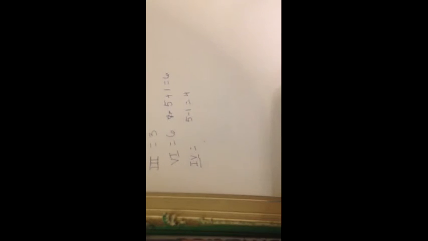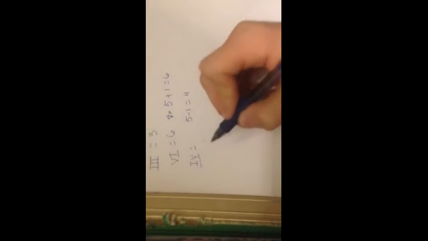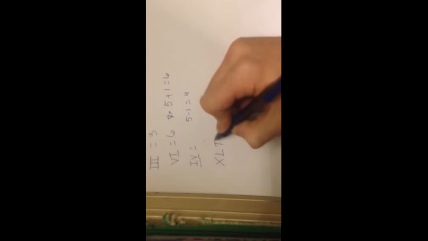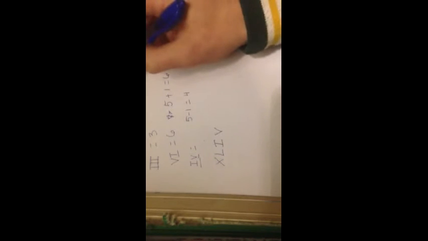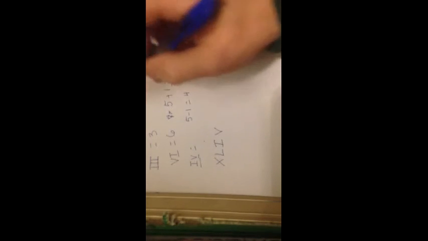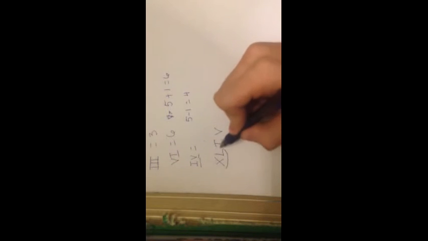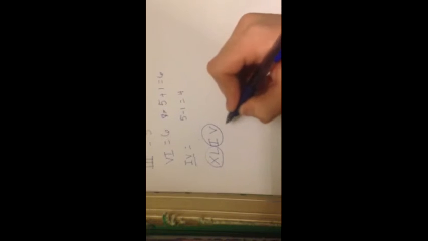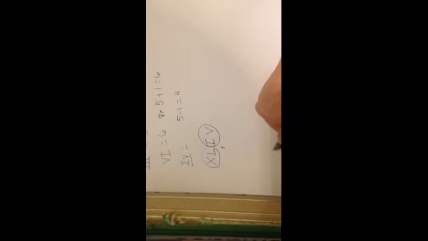So if we had a number like XLIV, this X comes before this L, and this I comes before the V. So we have to group these two together to show that subtraction. Group these two together to show that subtraction. And it's essentially these two groups being added together.